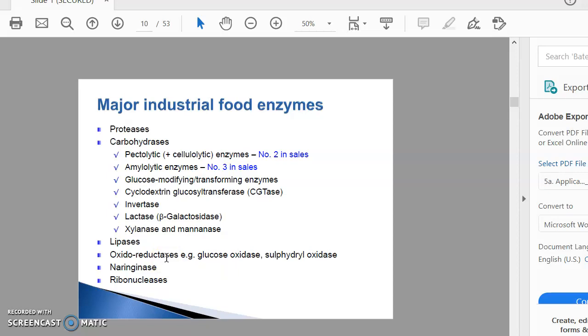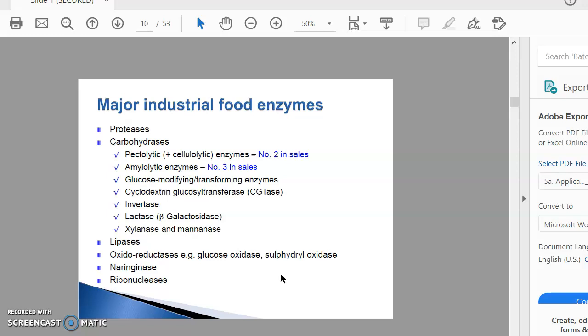We can use it in certain processes, such as using glucose oxidase to oxidize the glucose, so we remove the glucose and prevent the browning, or we can use this enzyme, which is sulfhydryl oxidase, to remove the sulfur from the food, so we improve the aroma and the taste of the food.